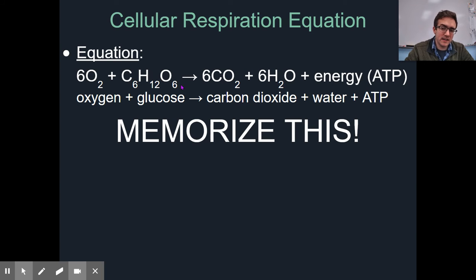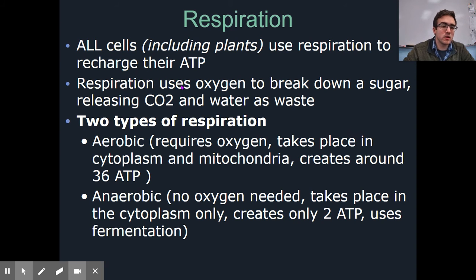So let's break it down a little bit more now. All cells, including plants, so we're talking prokaryotic bacteria, yeast cells, our cells, every cell uses respiration to recharge their ATP, right? They have this ADP, they recharge it into ATP.